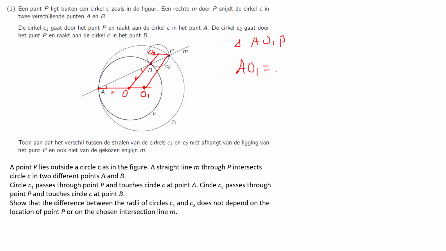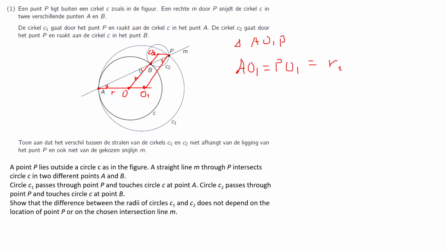In this triangle, AO1 equals PO1, which is the radius of the circle C1, let's say R1. So that means this angle equals this angle as well. So then we mark an angle with another color. Okay, it's blue.